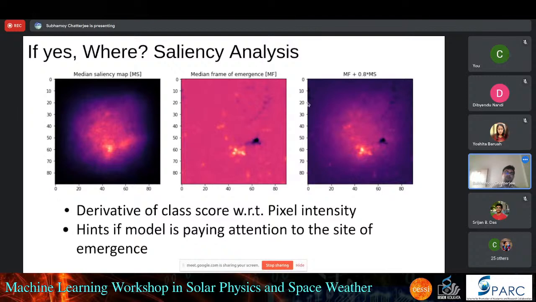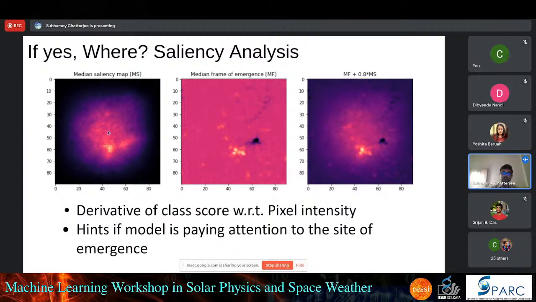For that, we find the pixels where a small change in the value will cause a large change in the predicted probability, right? So the saliency map is the gradient of class probability with respect to the pixel value, and wherever it is brighter, that is the region in the emergence video that the model ensemble is paying attention to.